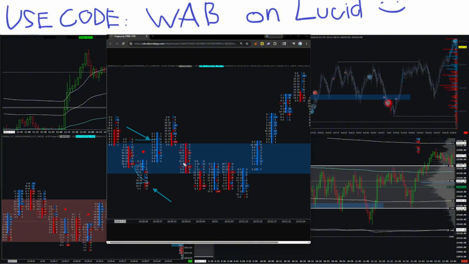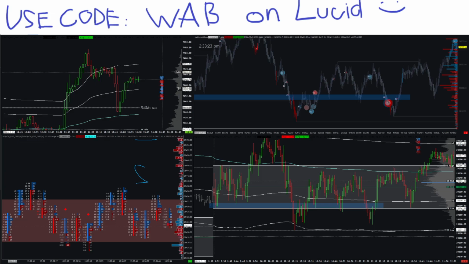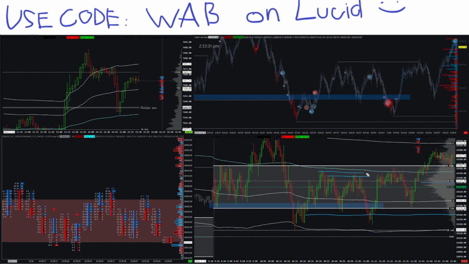So the zone shows buying interest. So I entered, and I put my stop under this level, and I would just target these highs. I entered here, and bang, it goes to my TP.